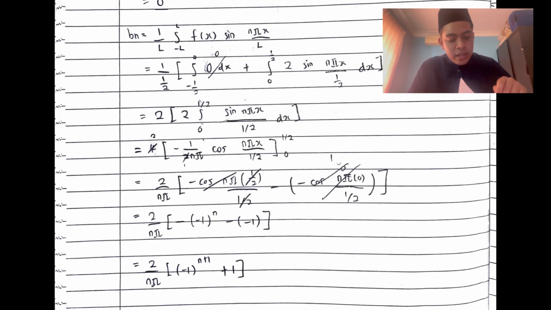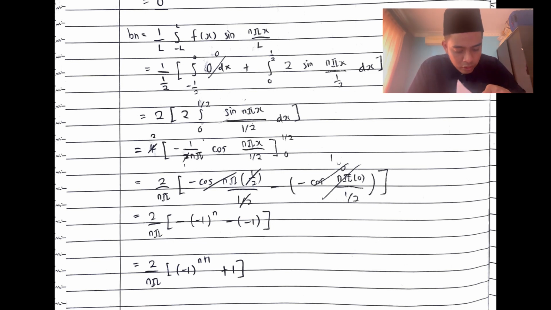If we integrate sin(n pi x over 1/2), we get negative 1 over 2n pi cos(n pi x over 1/2), with the integration from 0 to 1/2. The negative 1 over n pi we put in front, so it will become 2 over n pi.